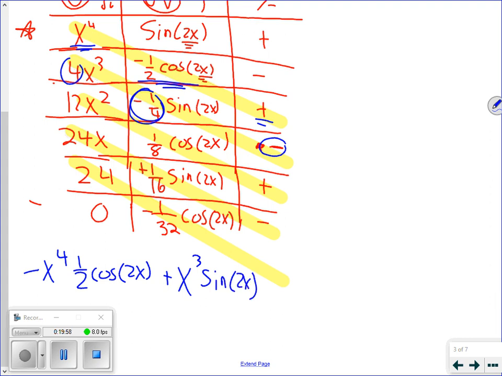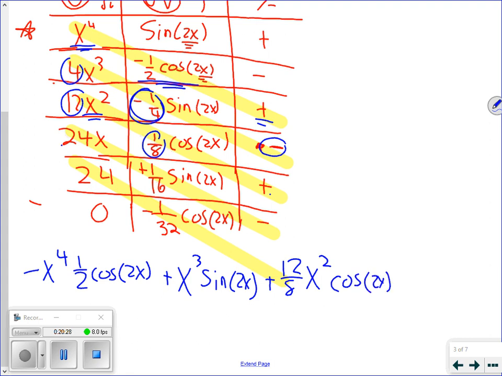The next diagonal is 12 times 1/8, positive. I'm just going to keep it unsimplified for the sake of simplicity here. 12 over 8, and then the x squared cosine of 2x.